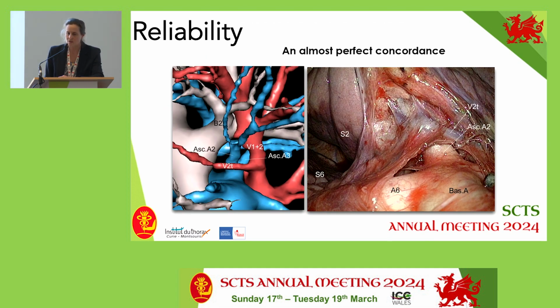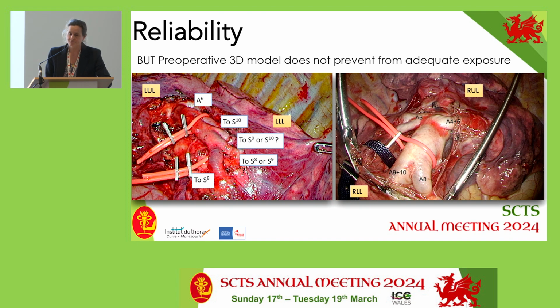So why do we use this one? Because there is an almost perfect concordance between what you see during the operation and what has been predicted by the models. And that's very important because sometimes even with a model, you can be lost during the operation. So you need to fit to your models, knowing that the model is right and that you perhaps have to push your dissection further to find the vessel that you are not seeing that way.